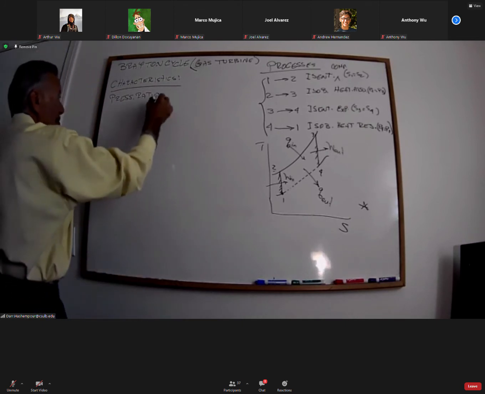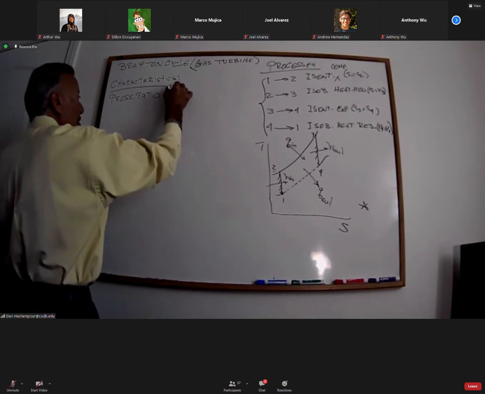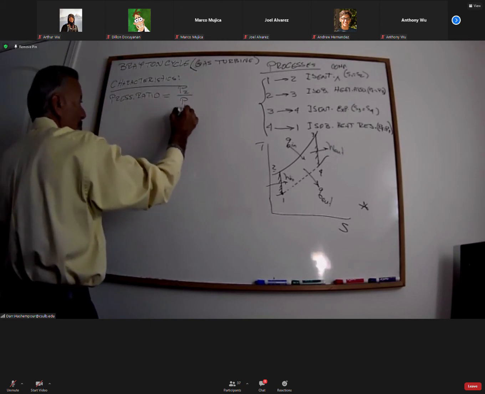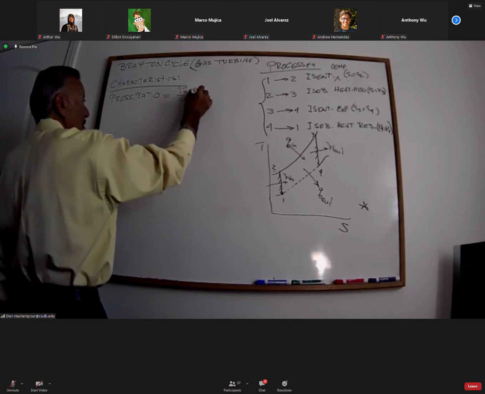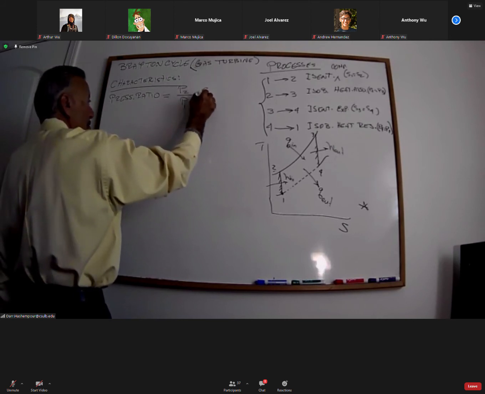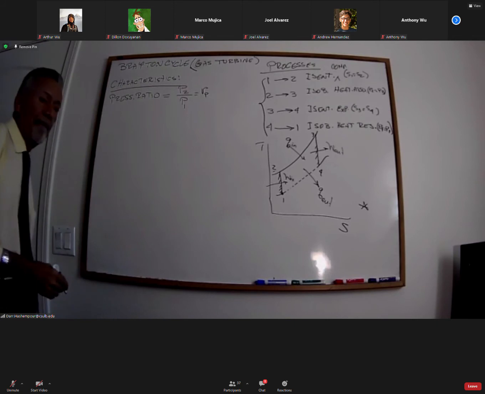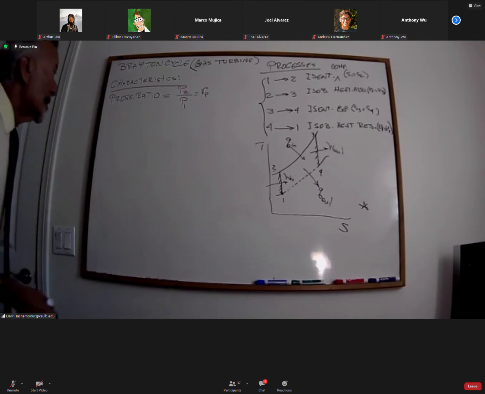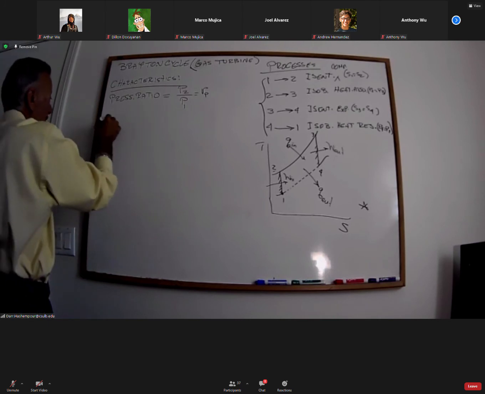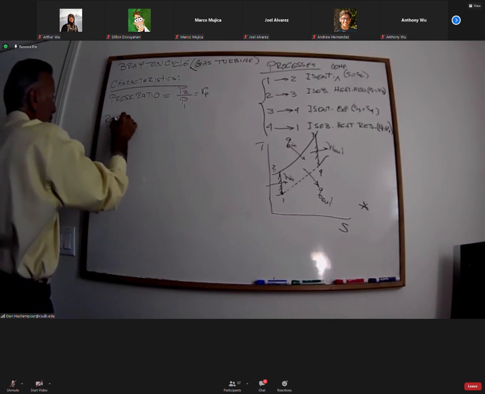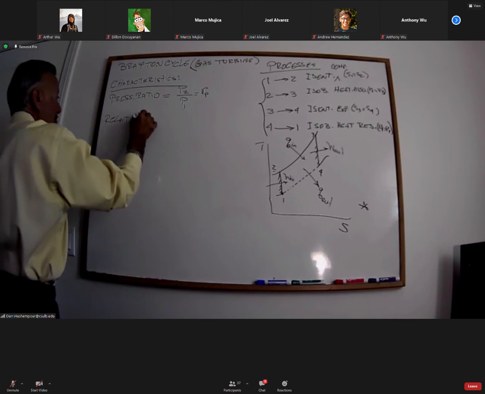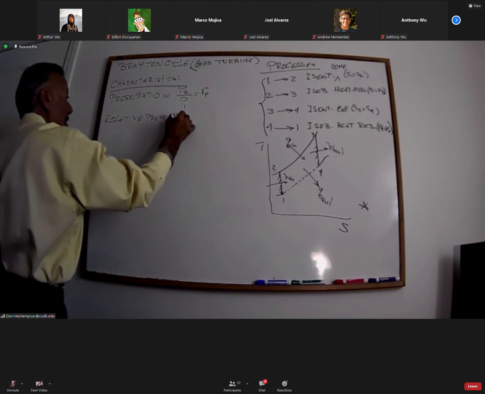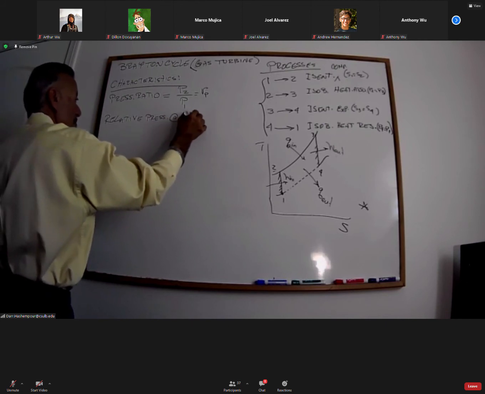The pressure ratio is equal to maximum pressure divided by minimum pressure, and we show that as R of P. Now, we also have relative pressure at a given point.